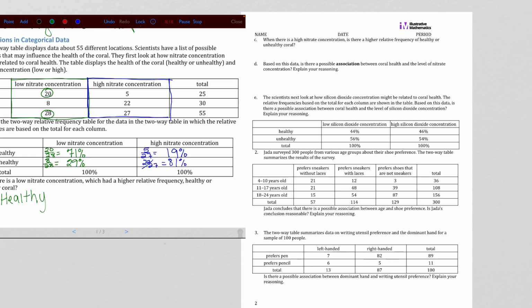Unhealthy. How do we get the unhealthy? Because there's 81% of unhealthy coral in a high nitrate concentration.